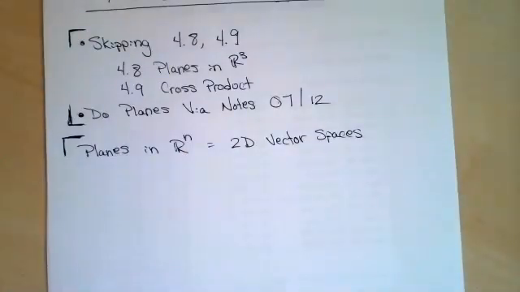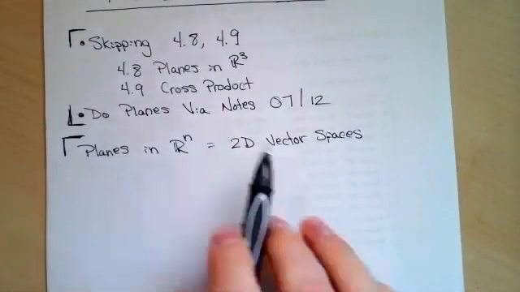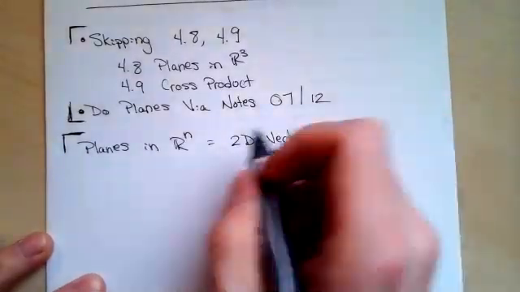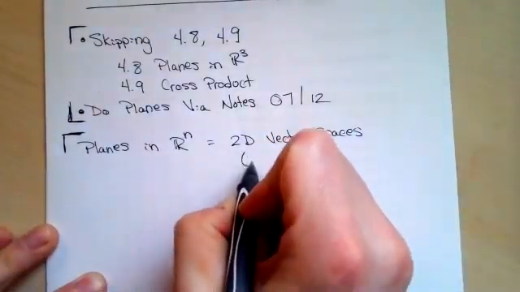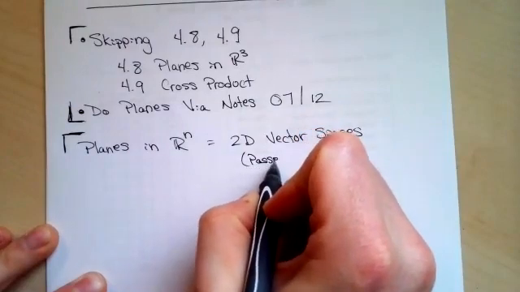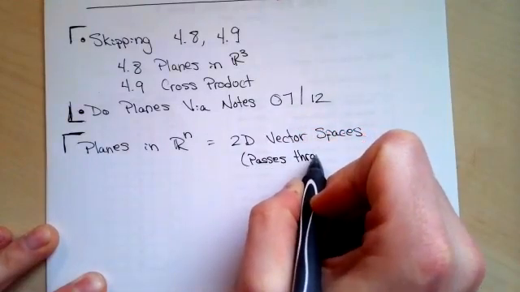I'll try to be really careful with my terminology now, at least for planes. So when I say a plane, I literally mean a 2D vector space, meaning that it passes through the origin.